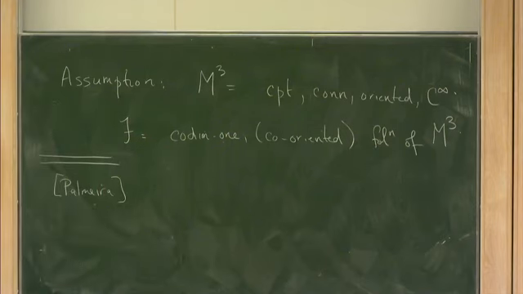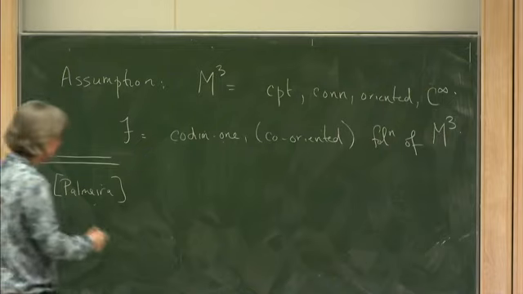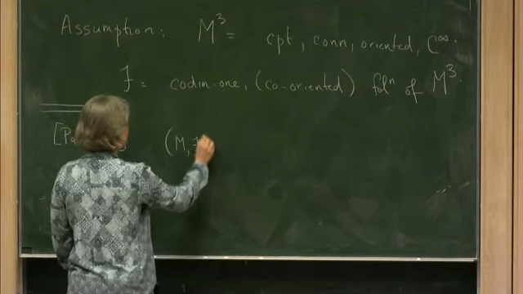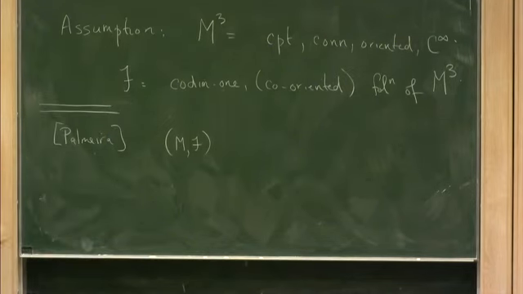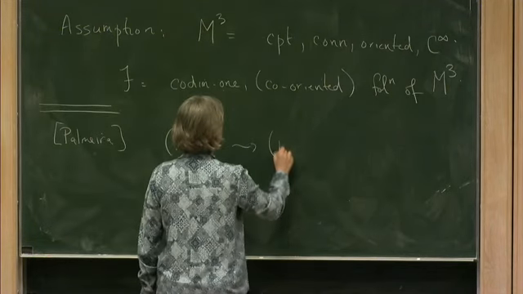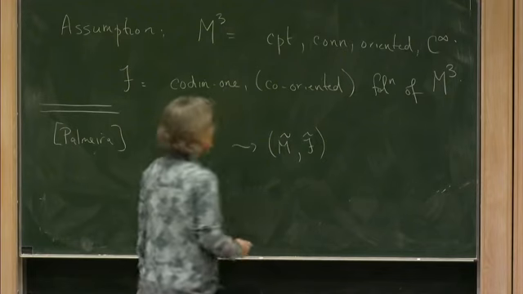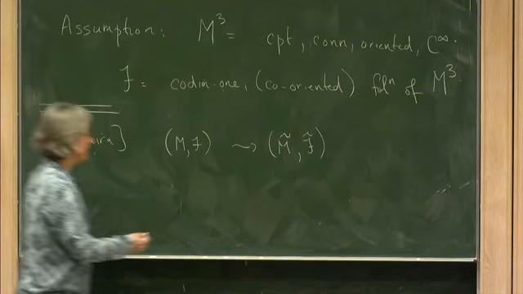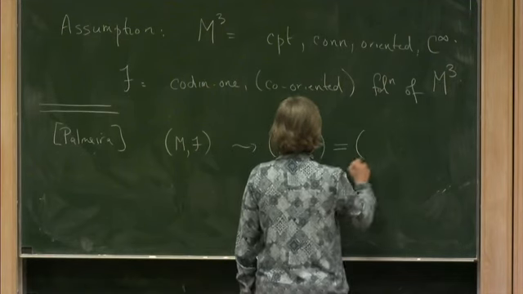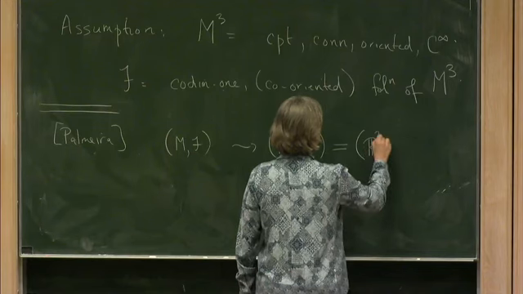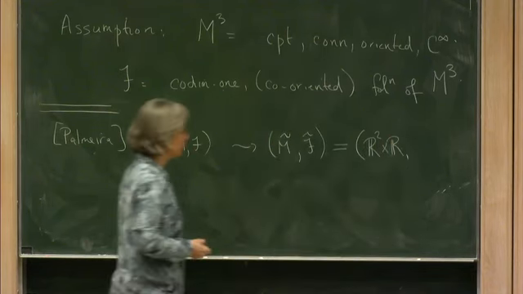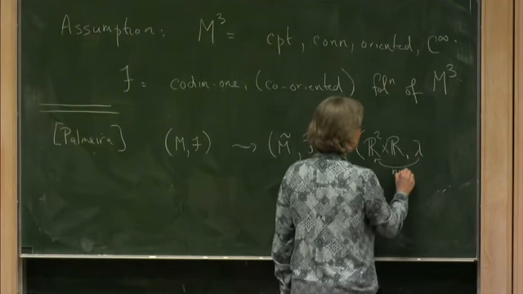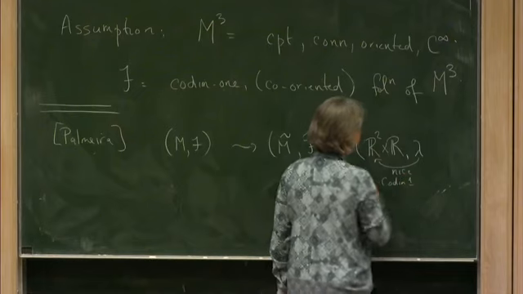And we were talking a little bit at the end of last time about this theorem due to Palmeira, which tells us that if we begin with our codimension 1 foliation of a three manifold M, and we pass to the lifts, so M tilde, the universal cover of M, and F tilde, the lift of the foliation to this universal cover, then this is homeomorphic to R2 cross R. So in particular, the universal cover is R3, and the foliation looks like a nice codimension 1 foliation of R2.